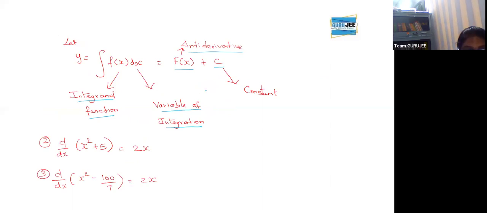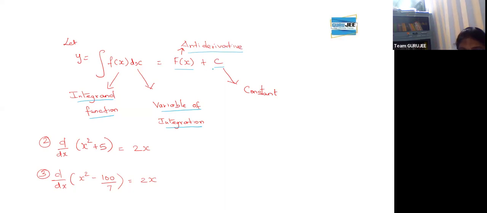So f of x is the integrand function. With respect to, as we do in differentiation, here also we use this dx, the variable of integration, based on which we are going to integrate. It results in capital F of x, that we call the antiderivative.